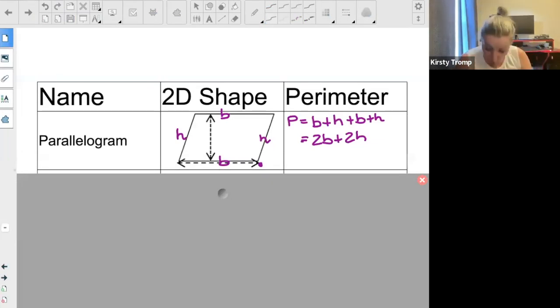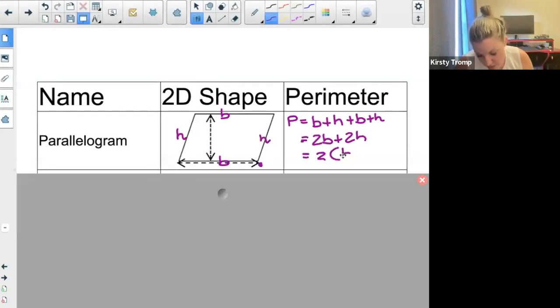Or you can say 2 base plus height in a bracket. Either one of those you'll get your mark for. So either base plus height plus base plus height, or 2 bases plus 2 heights, or 2 base plus height.